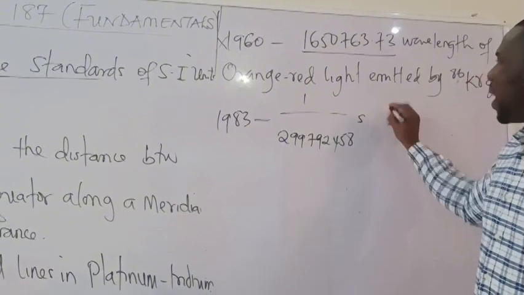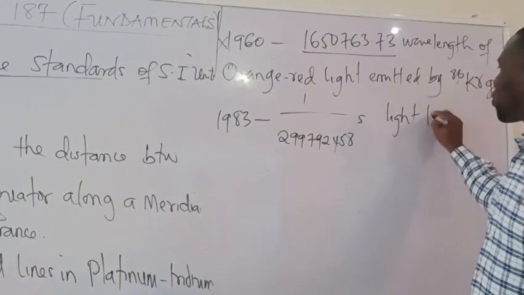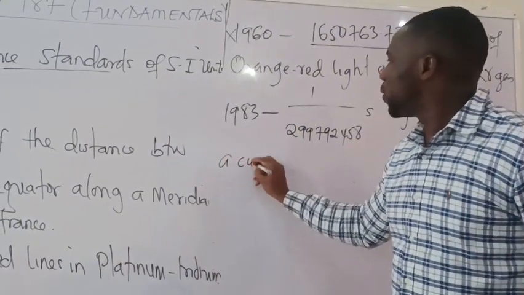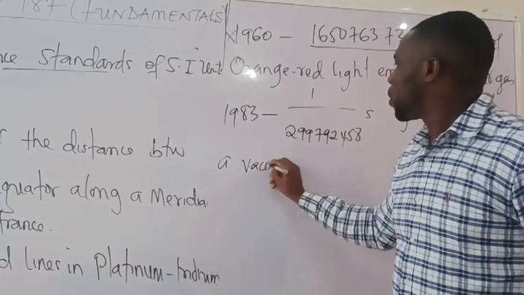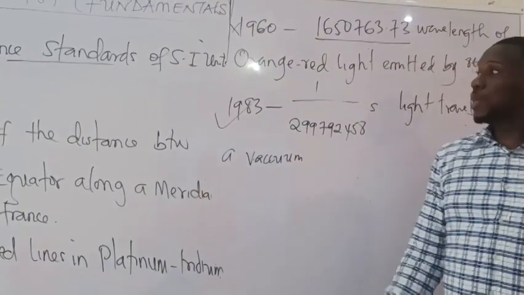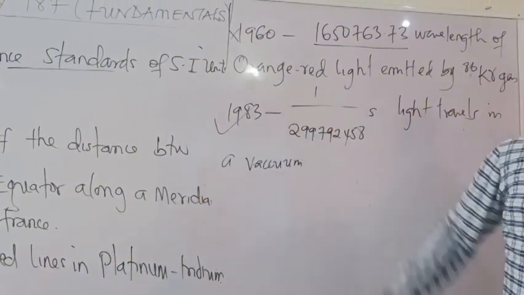This interval of time light travels in a vacuum happens to be the officially accepted standard for the meter.